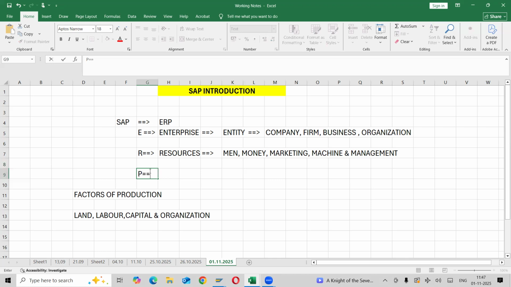What do you mean by P? In ERP, P stands for planning. Clear? What is this plan? What do you mean by planning here?